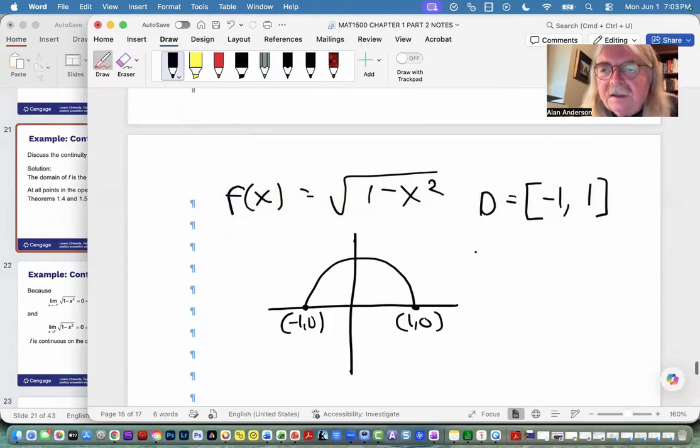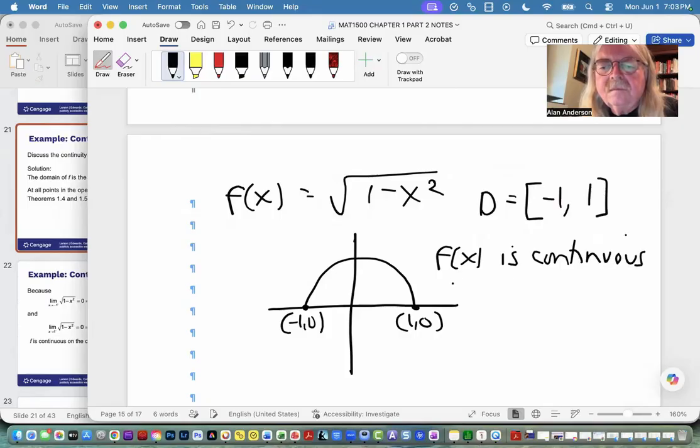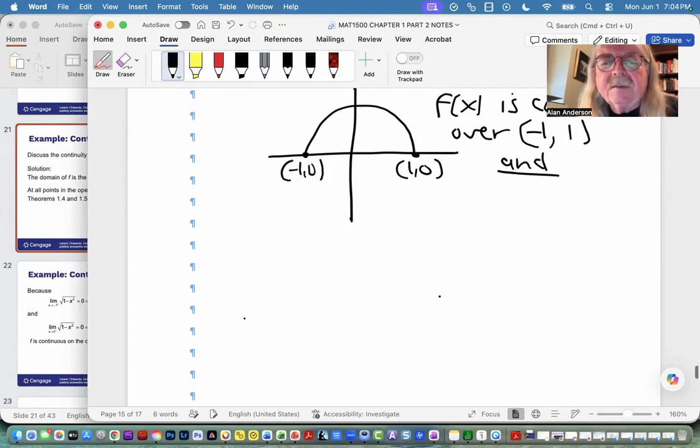So clearly, you can see just by looking at the function. All right, so then we need to check out the endpoints.